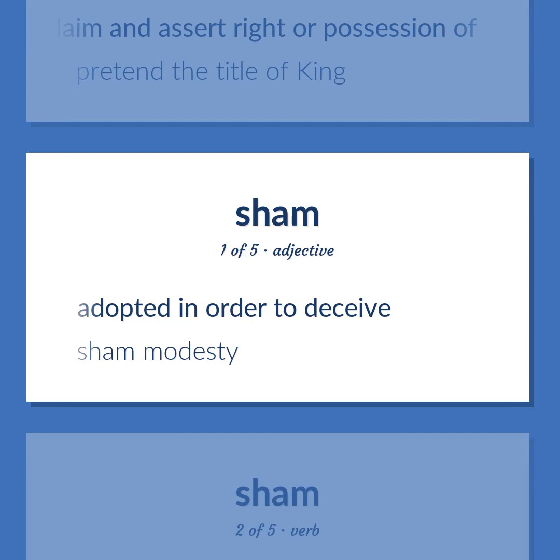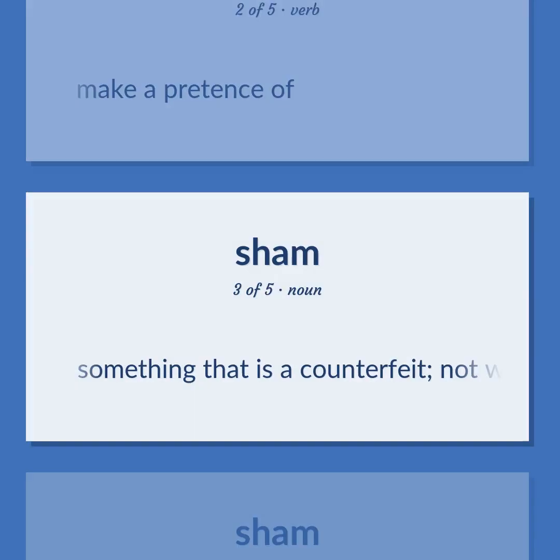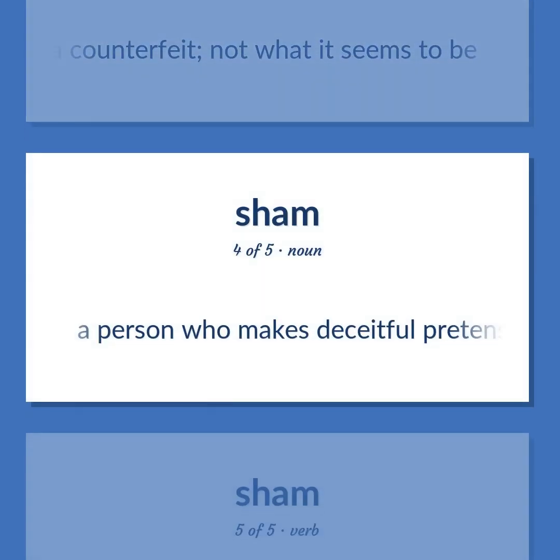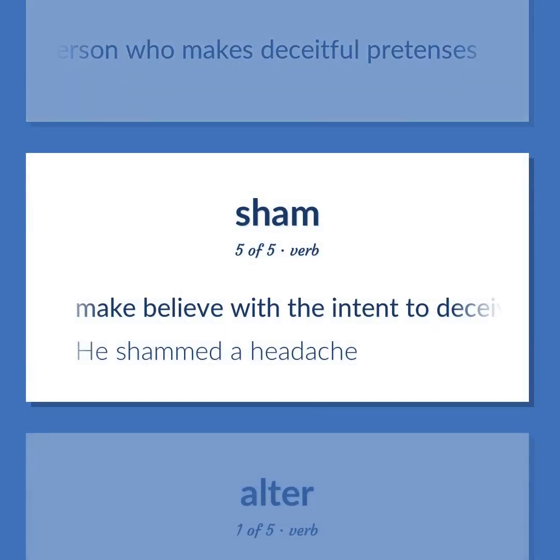Adopted in order to deceive. Sham modesty. Make a pretense of. Something that is a counterfeit, not what it seems to be. A person who makes deceitful pretenses. Make believe with the intent to deceive. He shammed a headache.